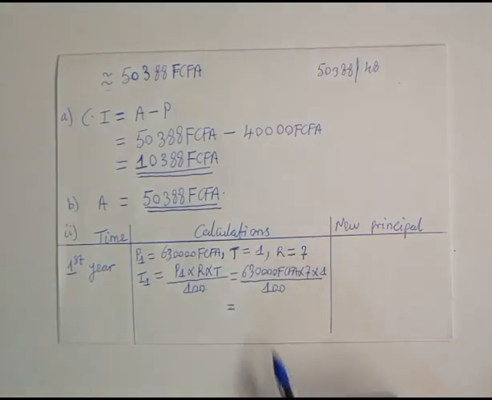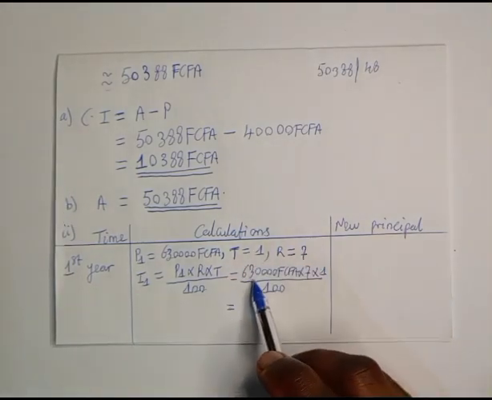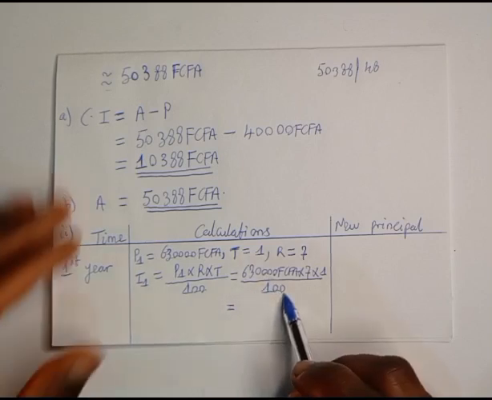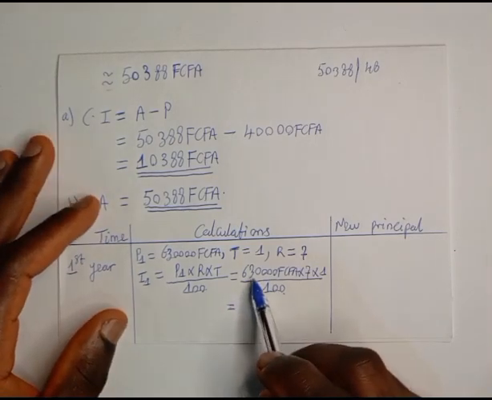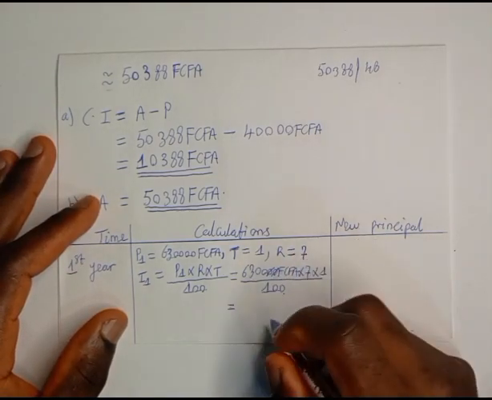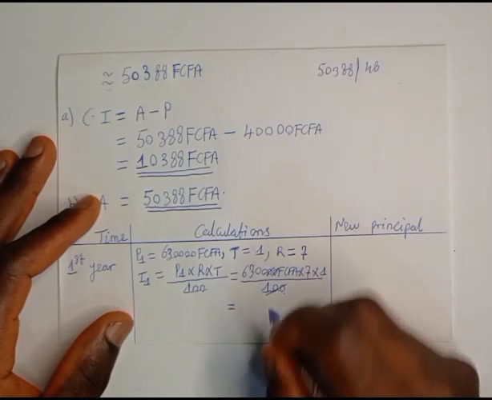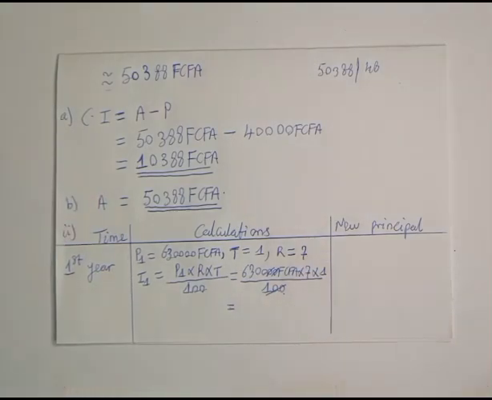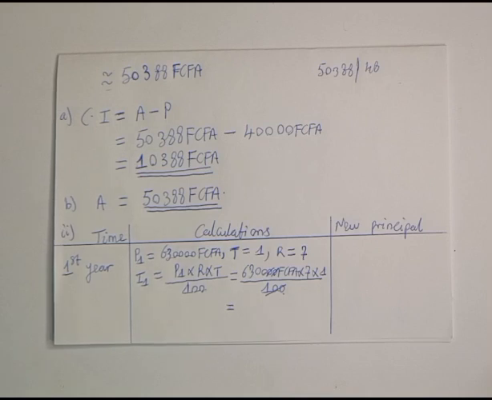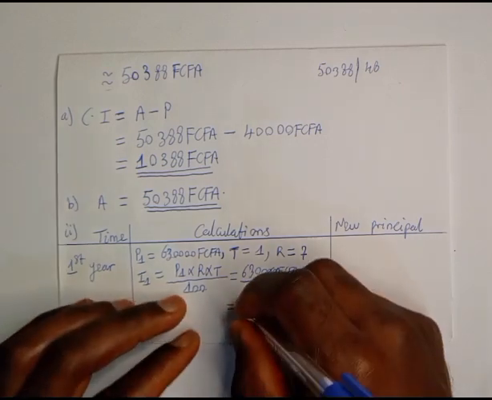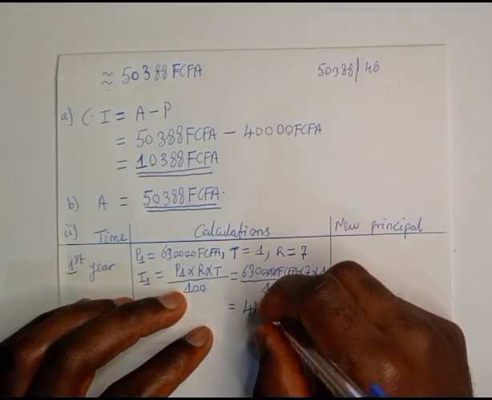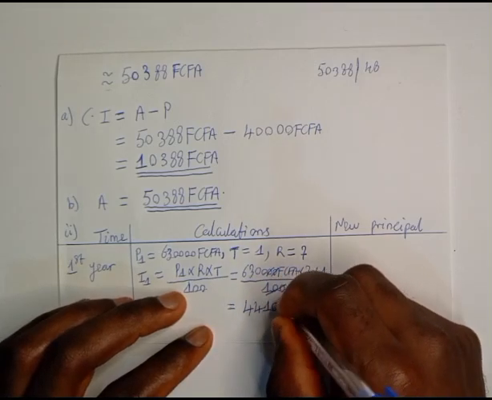This will be equal to 630,000 divided by 100 gives us 6,300. 100 divided by 100 gives us 1. We have to multiply 6,300 by 7, and this will give us 44,100 francs CFA.